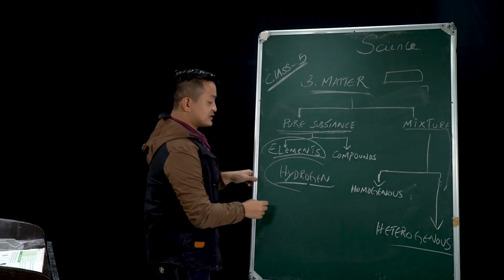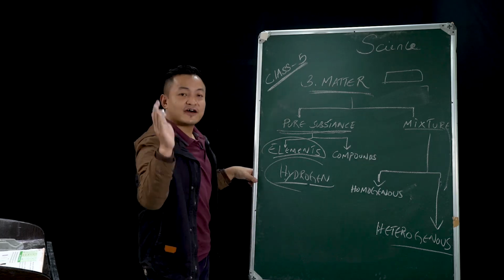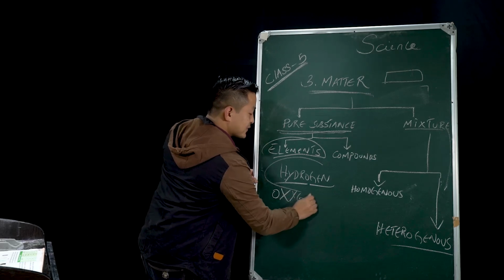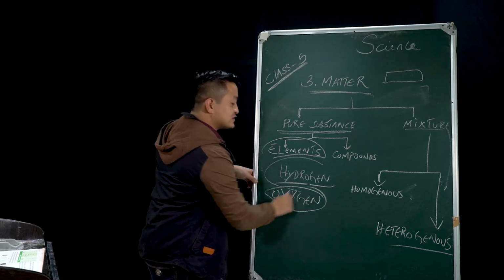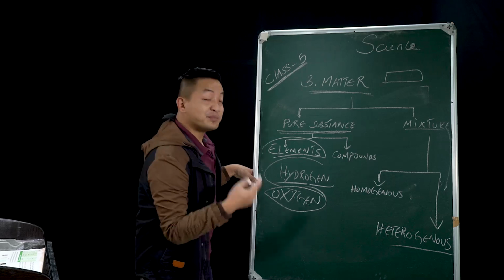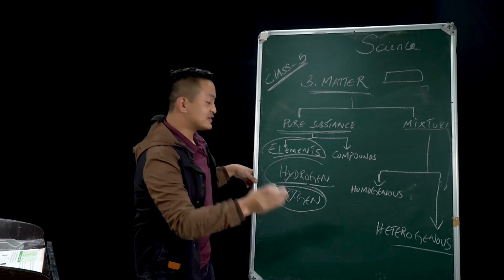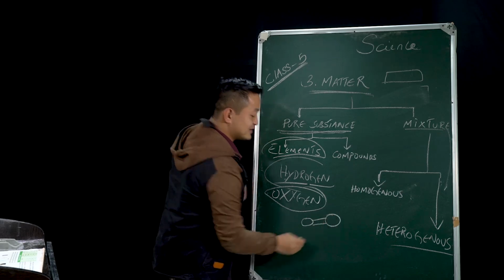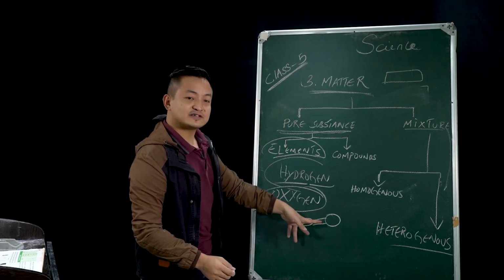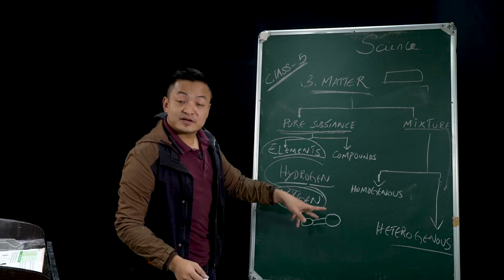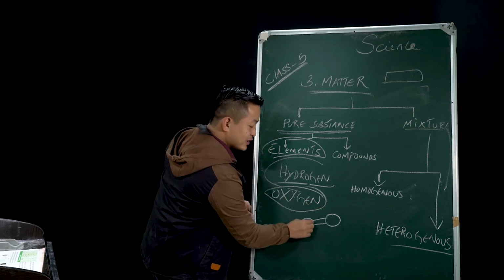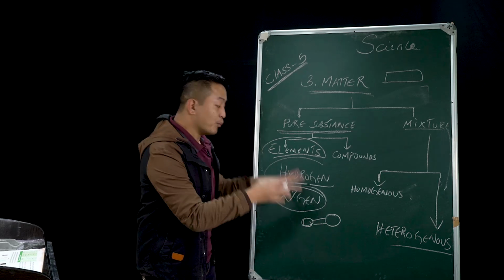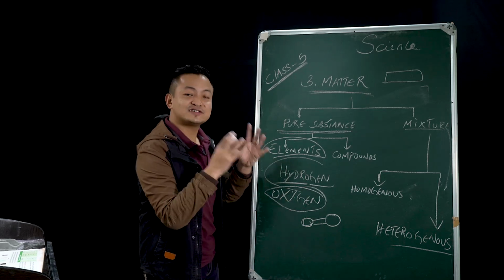Clear? Let's say oxygen, which we have here, okay? Oxygen. Oxygen atoms exist in pairs, okay? So let's say they exist in pairs, two pairs. This is oxygen. So this oxygen is an element, okay? So we have two, right? But even though we have two oxygen atoms here, they are composed of only oxygen atoms.